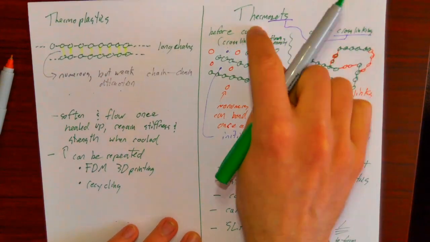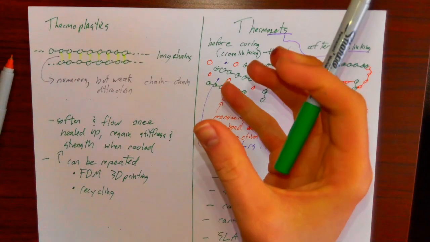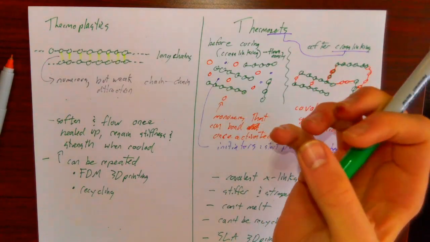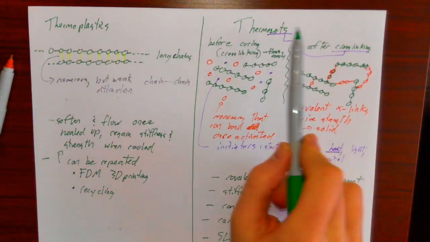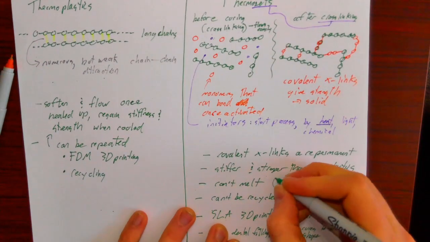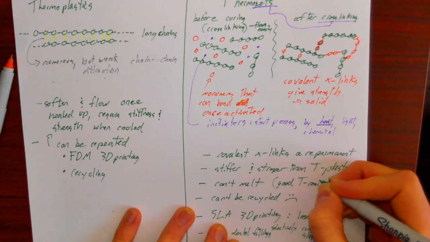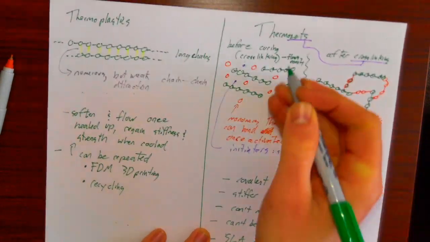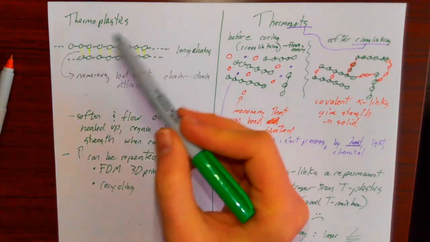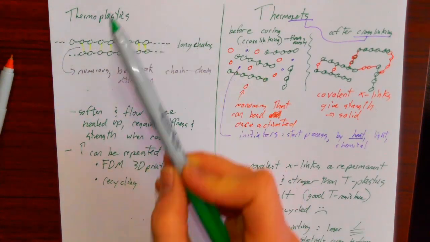And often, so what does this mean? For situations where you want a plastic to be able to withstand high temperatures, thermosets might be the best thing, right? If you want good temperature resistance, you might want to use a thermoset. Whereas if you want your material to be recyclable, you might choose a thermoplastic.